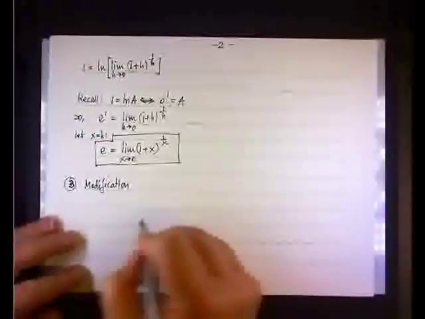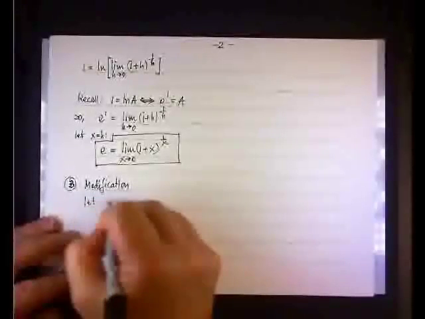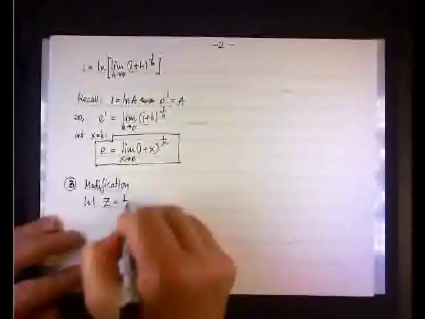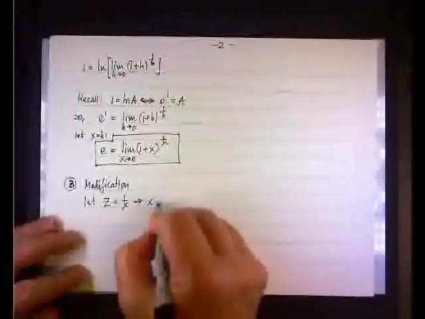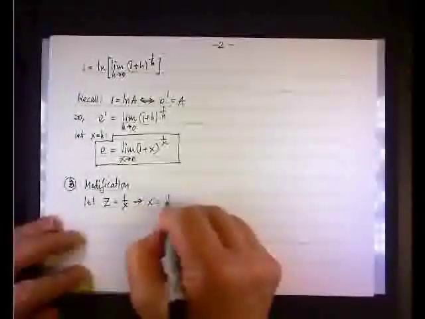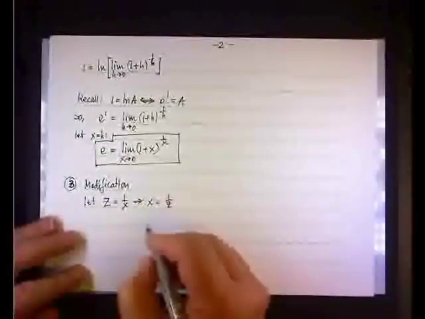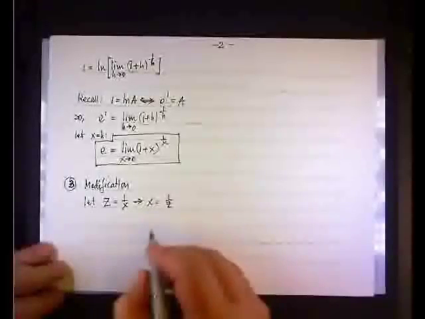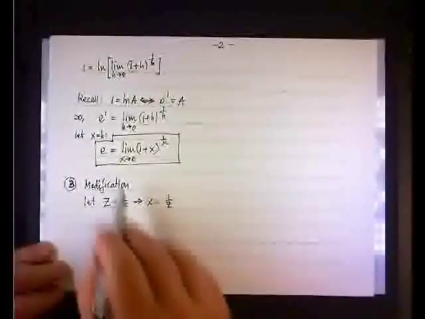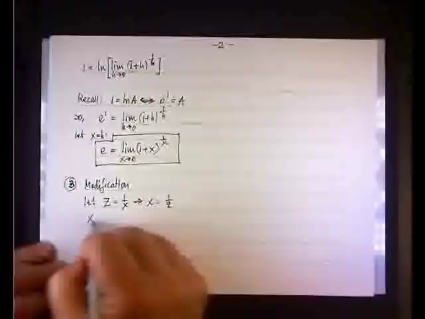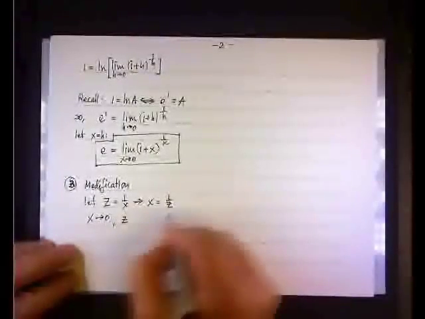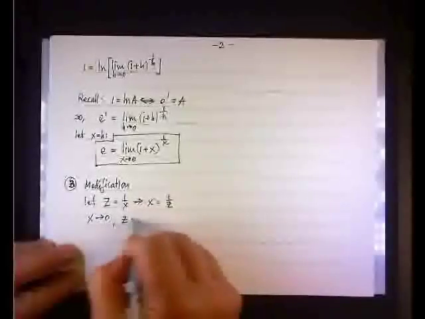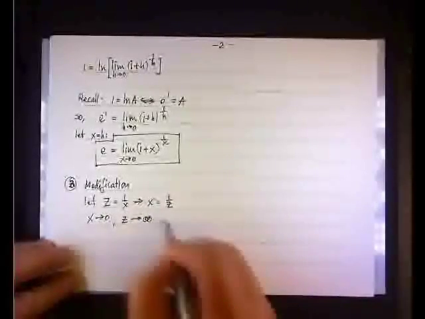We're going to let z equal 1 over x, and therefore x by itself will be 1 over z. And we'll substitute. The other thing is, notice as x approaches 0, then z, being 1 over x, approaches infinity.